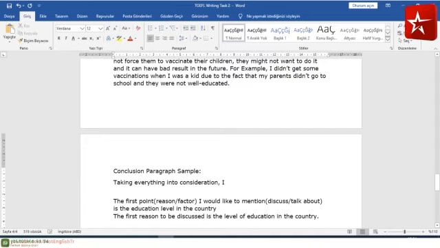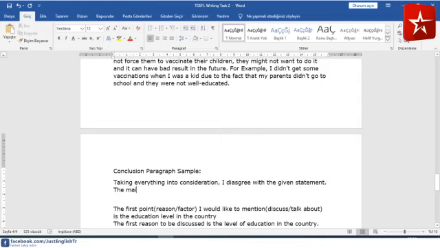I disagree with the given statement. The main reasons are the literacy rate, what else did I have as my reasons?